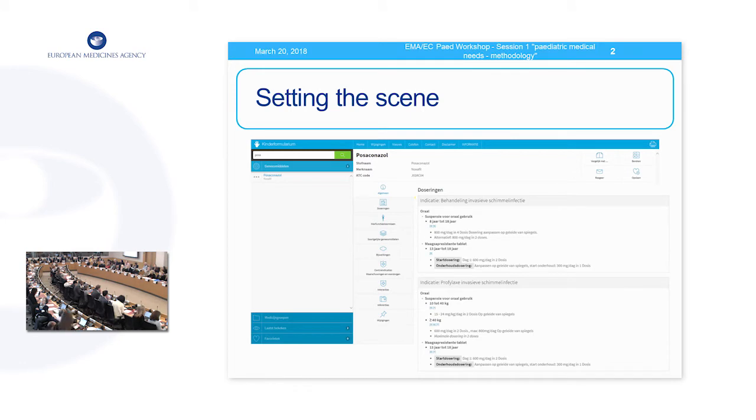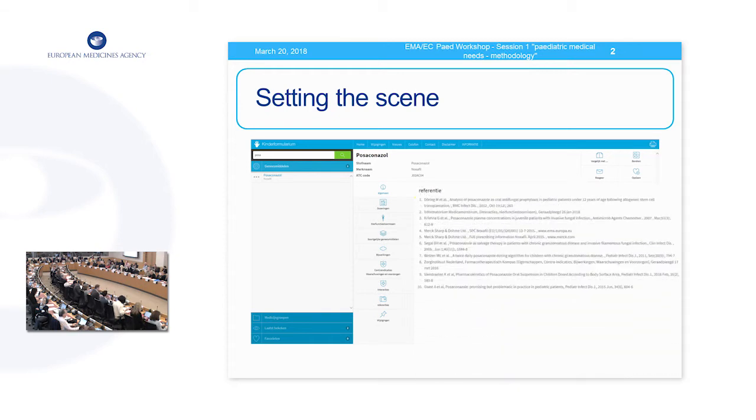The dosing recommendations are listed within the formulary and are also referenced in the formulary. We had the scope to be highly transparent about the backgrounds of our dosing recommendations. And this is what you see on the front end, on the website of the formulary.